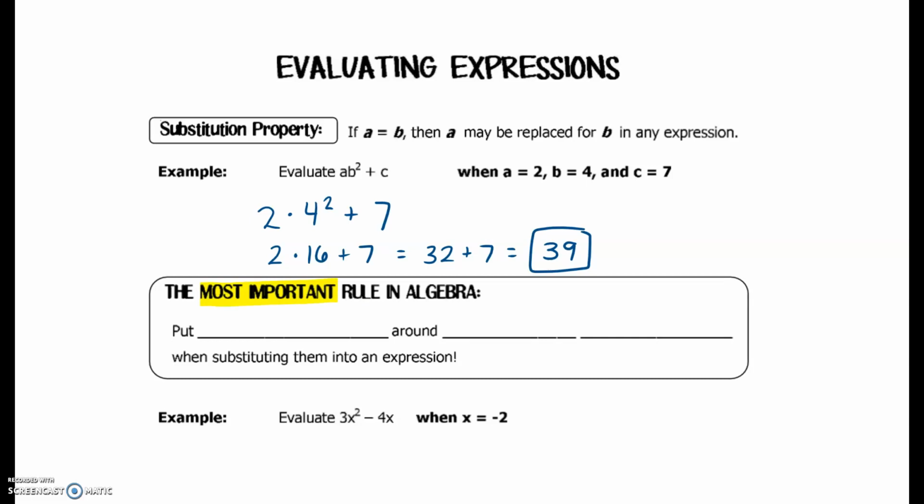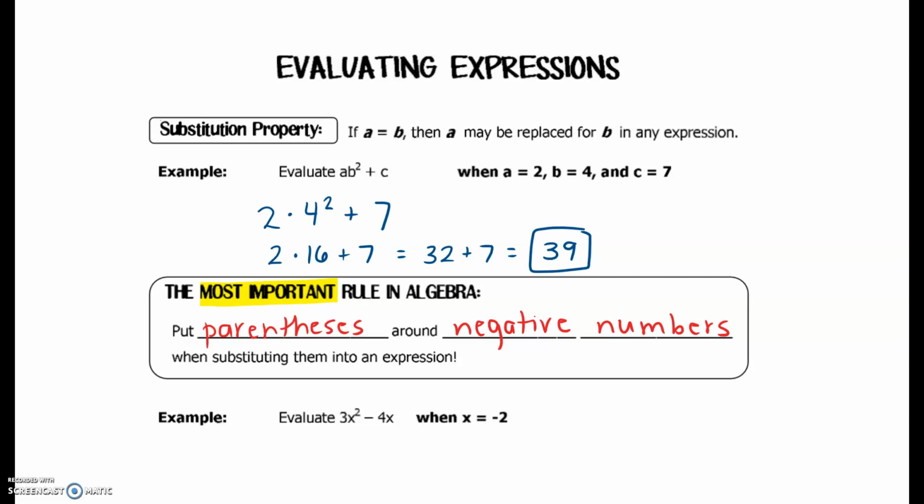You must put parentheses around negative numbers when you are substituting them into an expression. If you're substituting positive numbers, parentheses don't really matter. But every time we substitute negative numbers into an expression, we must use parentheses.